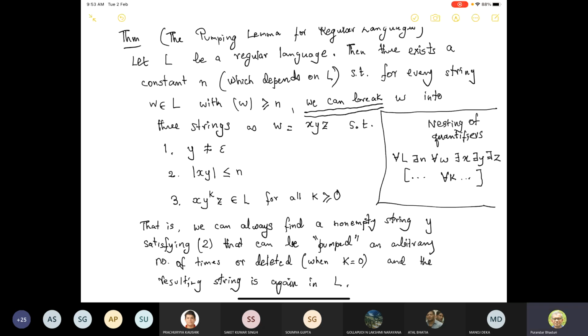This is the length of W, by the way, depicted by that modulus symbol. So this is the length of W. So any questions? Any doubts about the statement?